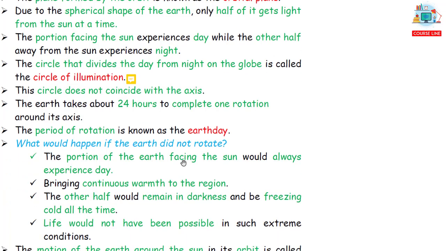Now imagine one situation: what would happen if the earth did not rotate? If the earth does not rotate on its axis, the portion of the earth facing the sun would always experience day.